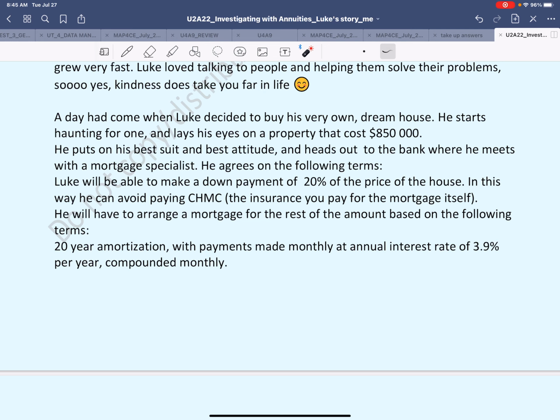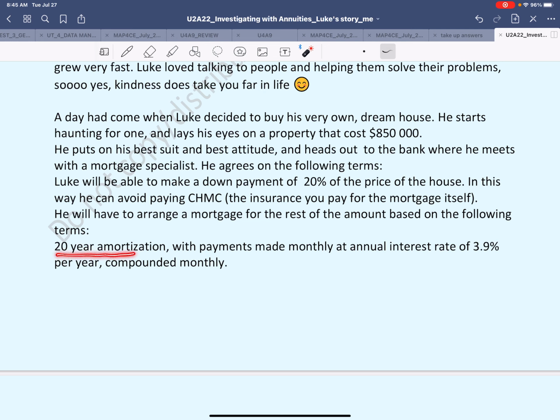In this way, he can avoid paying CMHC. So this is the insurance you pay for the mortgage itself, or just for the fact that you owe money to the bank. He will have to arrange a mortgage for the rest of the amount based on the following terms.